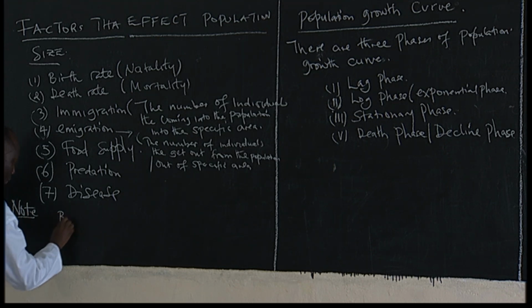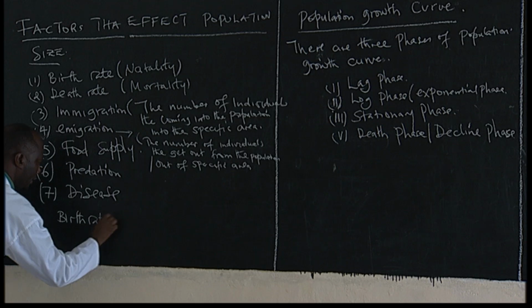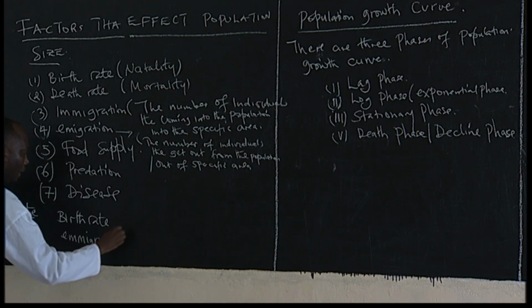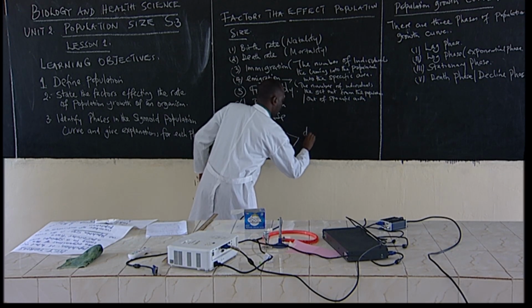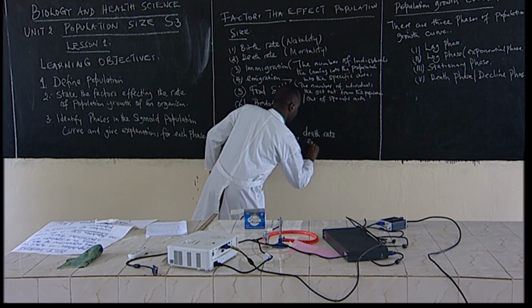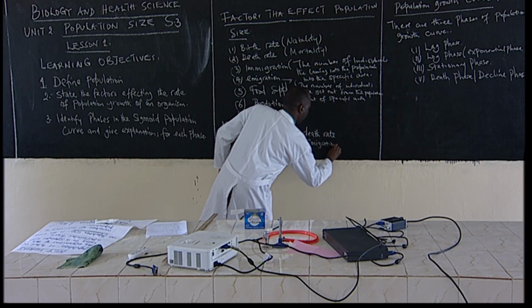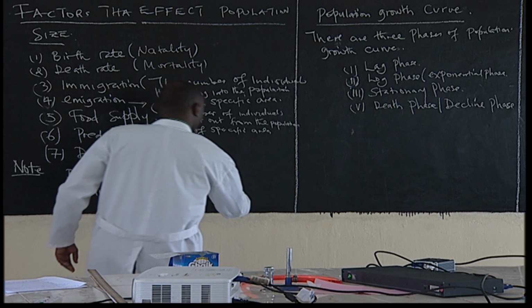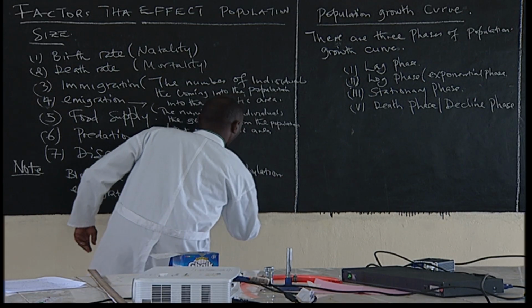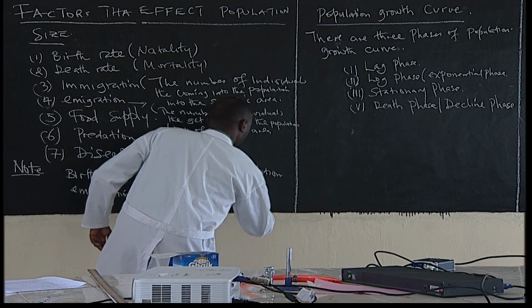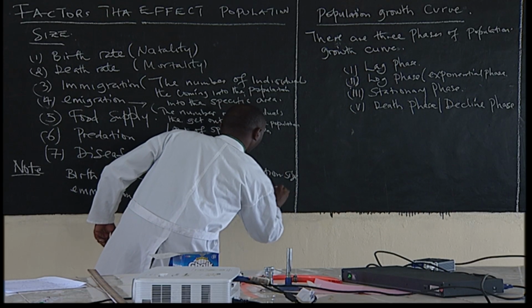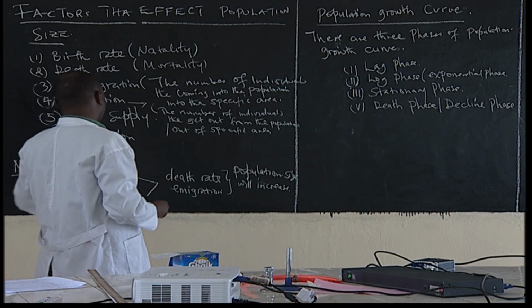When the birth rate and immigration are greater than the death rate and emigration, what will happen? The population size will increase.